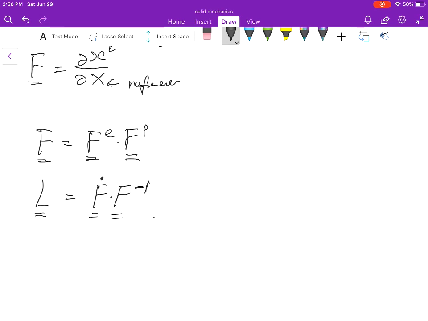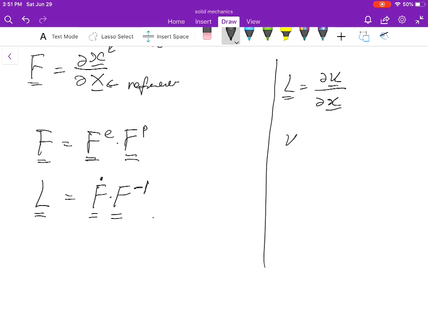Okay, some further background knowledge: remember that the velocity gradient tensor L is defined as this, and we should have this because x are all vectors. Here u is the displacement, which is denoted as this.